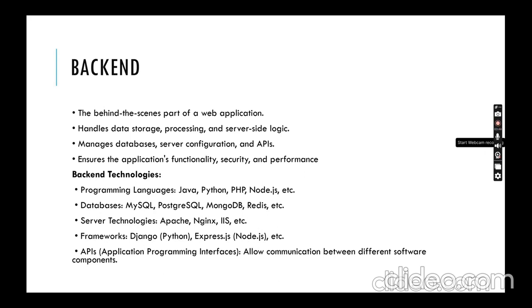And server technologies, Apache, IIS, etc. Frameworks, you can use Django, which is Python, Express.js, Node.js. And you can use APIs, application programming interface is the full form of it. Basically, it allows communication between different software components.